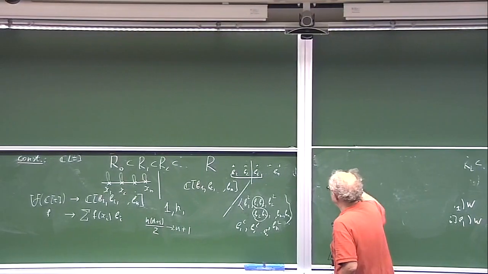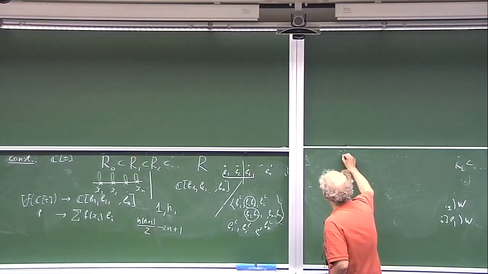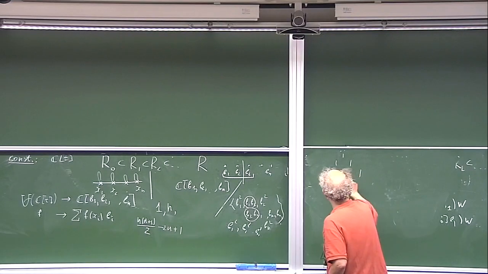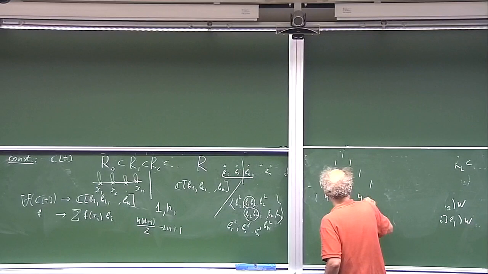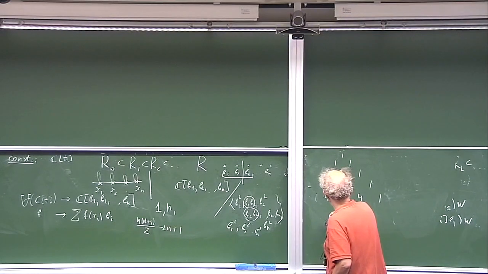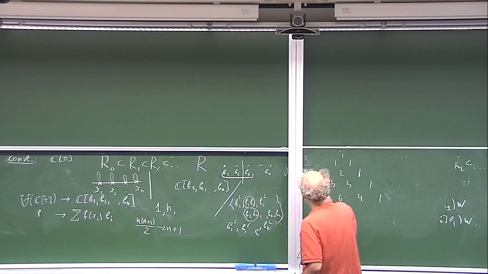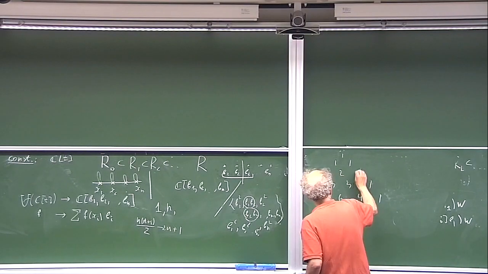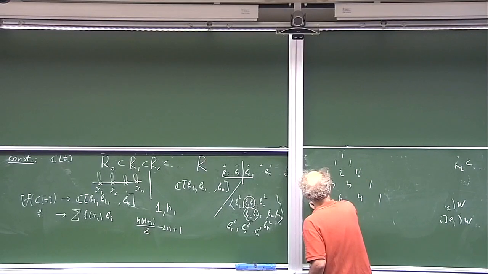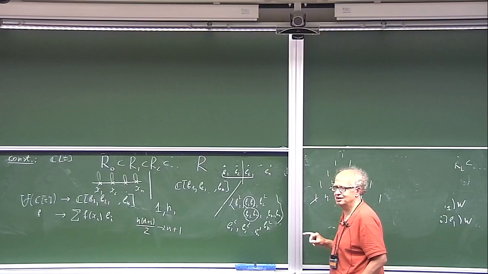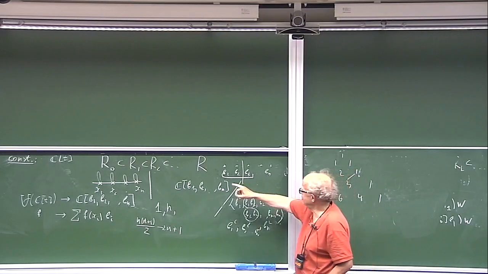If you draw the Pascal triangle like this, then the Fibonacci number, for example this 5, is the sum of this and this: 1, 3 plus 1. It is what we had here.